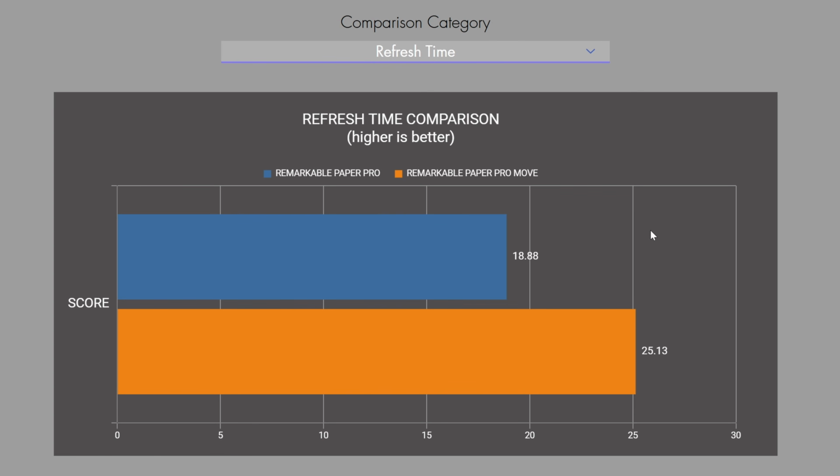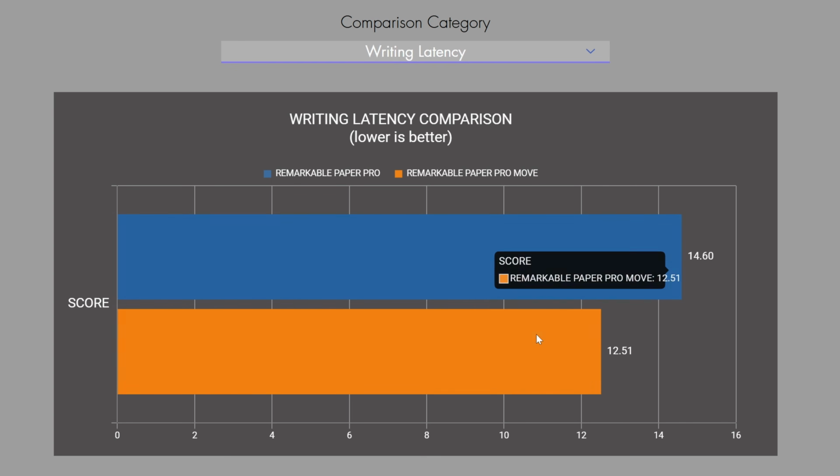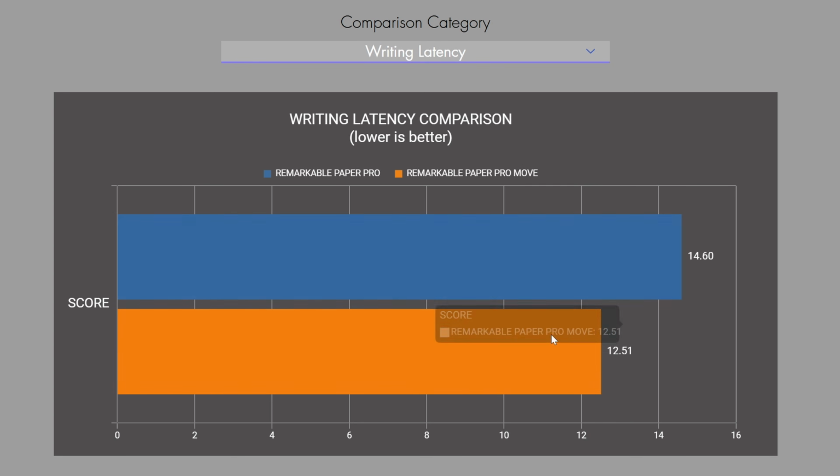Refresh time was slightly better between these two horribly performing, slow and blinky devices, while the Remarkable Paper Pro Move is ever so slightly less terrible than the Remarkable Paper Pro. And it's interesting to see that Remarkable Paper Pro Move averages out at 12.51 milliseconds, which is really fast, over the 14.6 milliseconds from the Remarkable Paper Pro. Both are blisteringly fast, but the Paper Pro Move even faster.